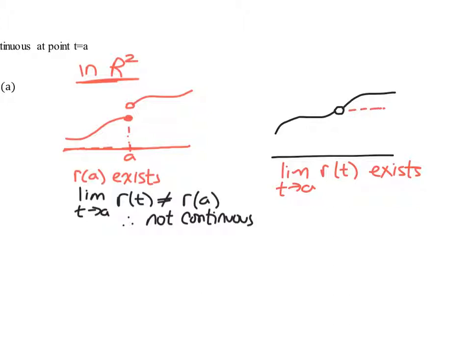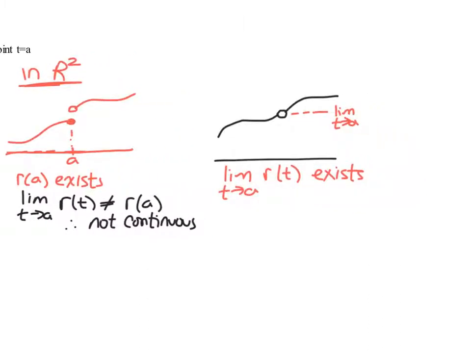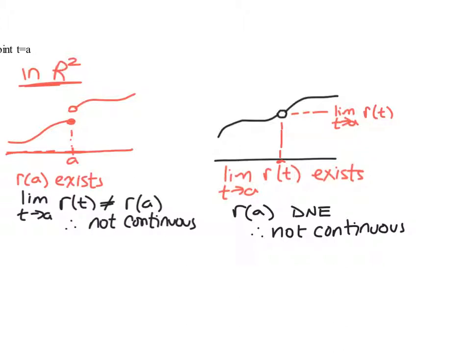It would be whatever this value is here, with this being the a. So there's a location that it exists, or at least it's approaching a location. The issue is r of a does not exist. So therefore this would not be continuous. But common sense tells you, yeah, it's not continuous as well. How do you know? Because it's not continuous.